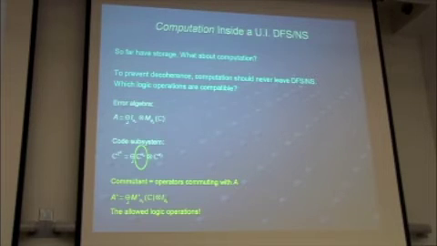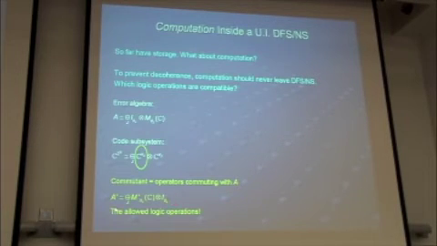Now, the answer to what are the allowed operations comes from this observation. There are operators, A prime, which commute with the error algebra: all those operators which have this dual structure, where there's a matrix tensor identity, which is precisely the opposite of this structure. Okay, the dual structure.